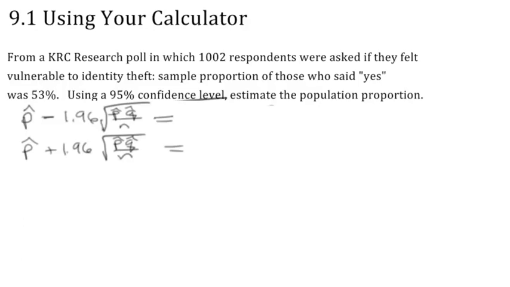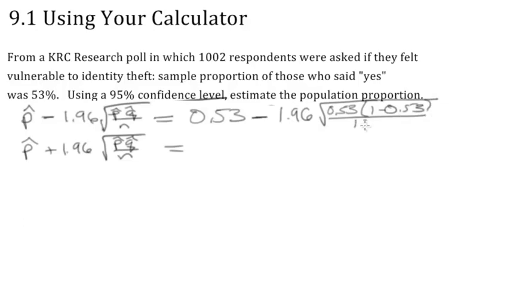Okay, not only did I clear the screen, but I went ahead and put the formulas back near the top of the screen. So our p hat is going to be our sample proportion. That will be the 53%. And from that I will subtract 1.96, and in the square root, I'm going to put 0.53 times 1 minus 0.53, and I'm going to divide all of that by 1,002.